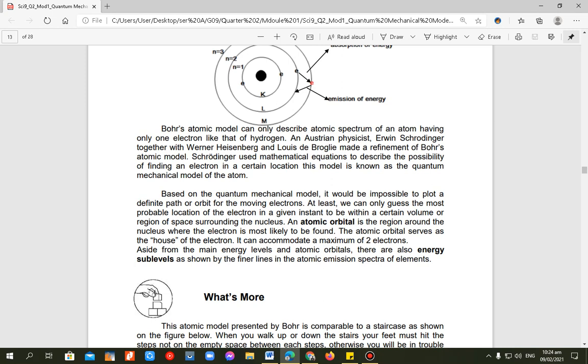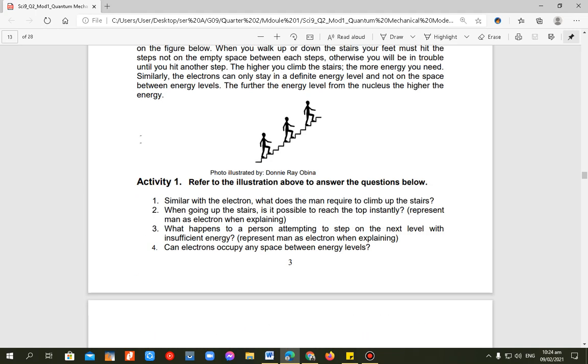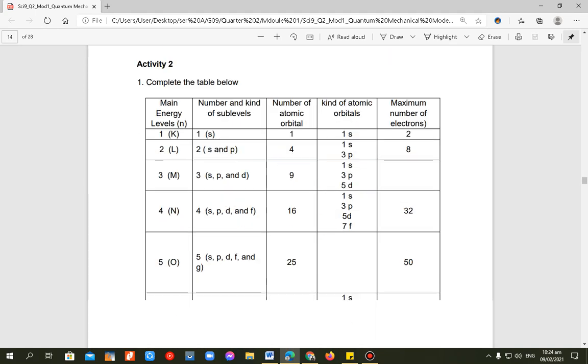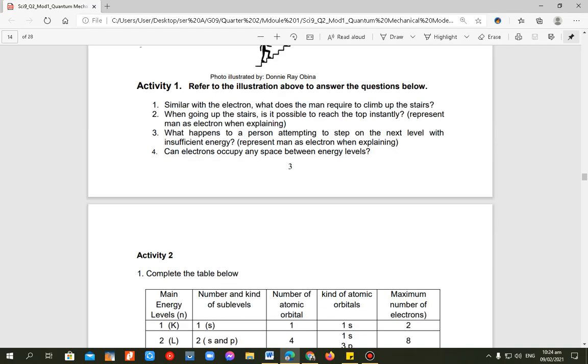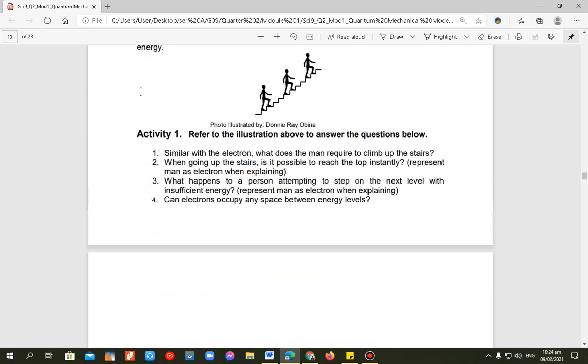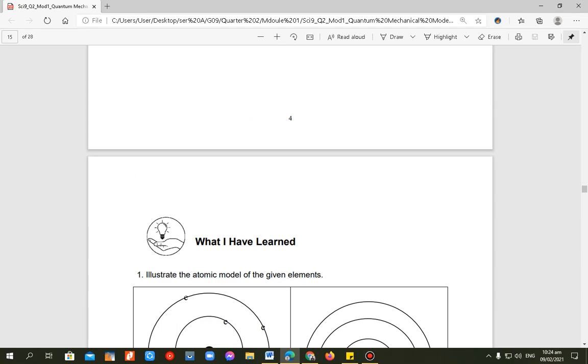So, aside from the main energy levels and atomic orbitals, there are also energy sublevels, as shown by the finer lines in the atomic emission spectra of the elements. Dito, meron po tayong activity na i-explain ko kung paano gawin.